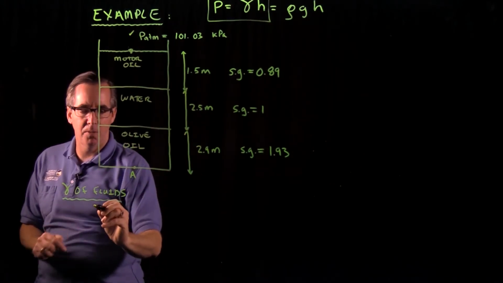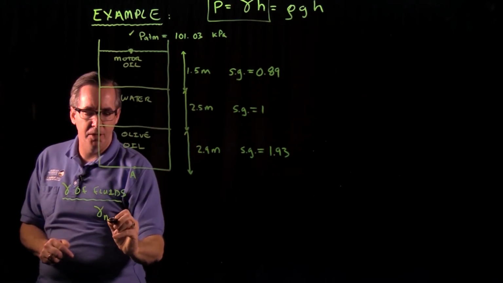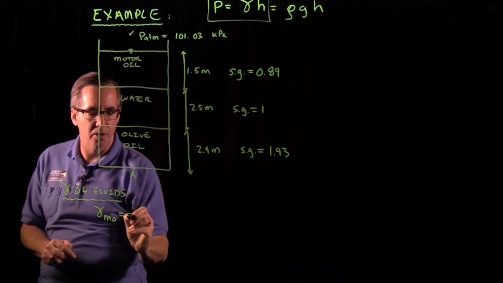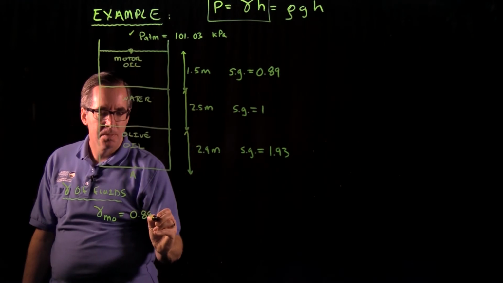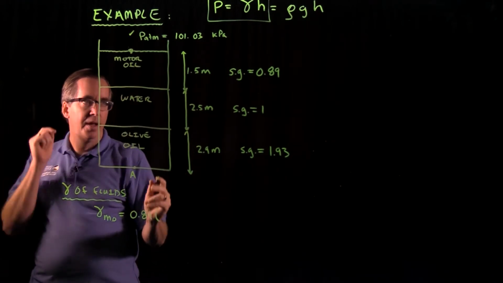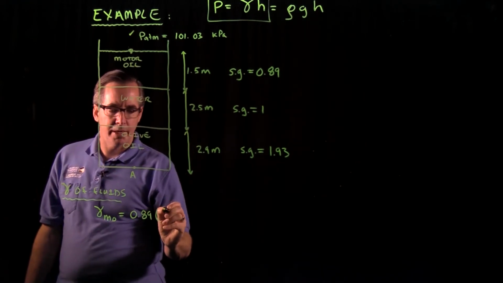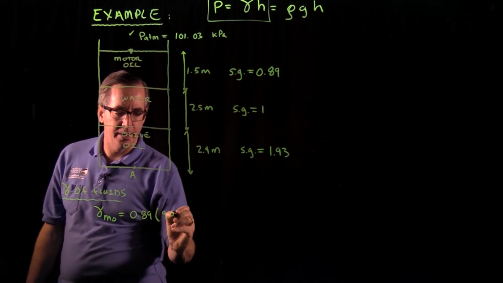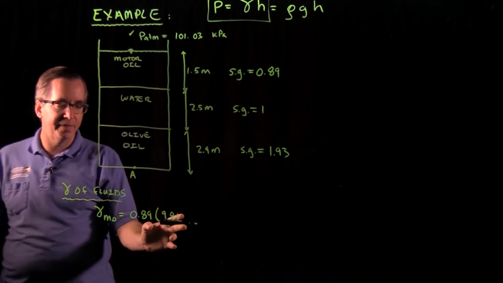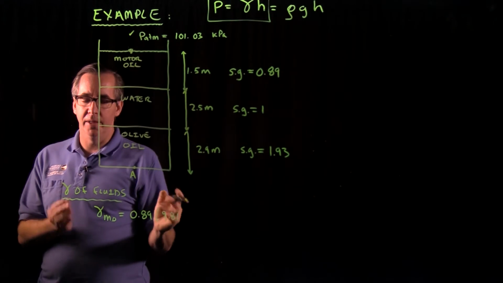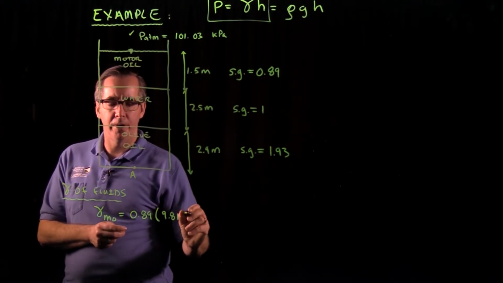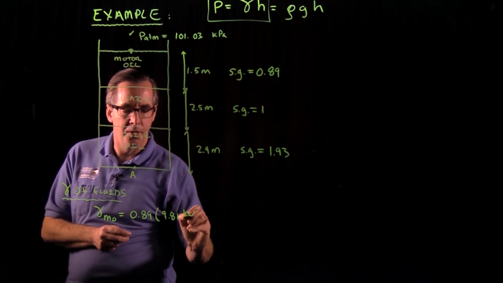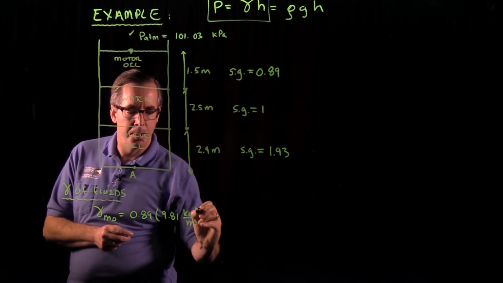So the specific weight of the motor oil, and I'm just going to use the subscript MO for motor oil, is going to be the specific gravity term times the water value. For water, we're going to work in kilonewtons this time. So specific weight of water is either 9,810 newtons per meter cubed or 9.81 kilonewtons per meter cubed.